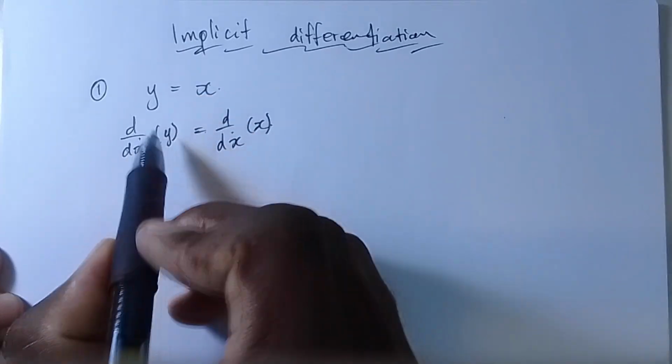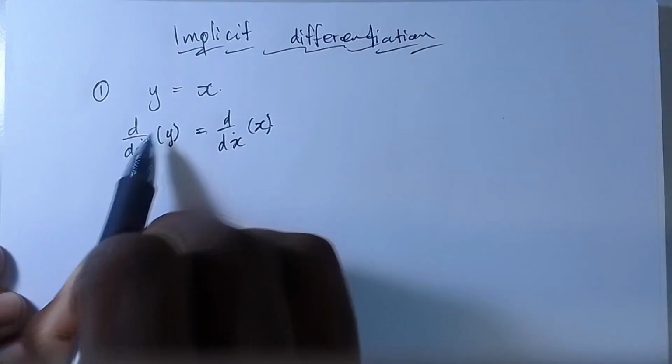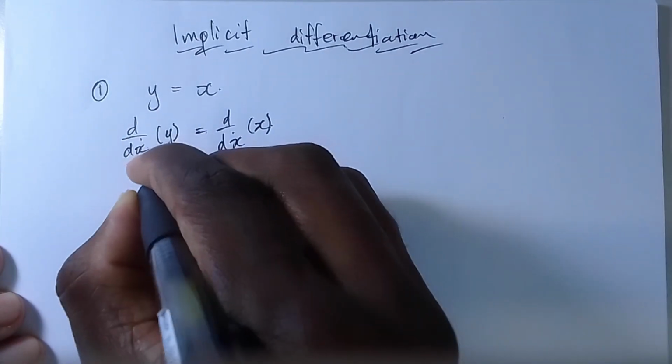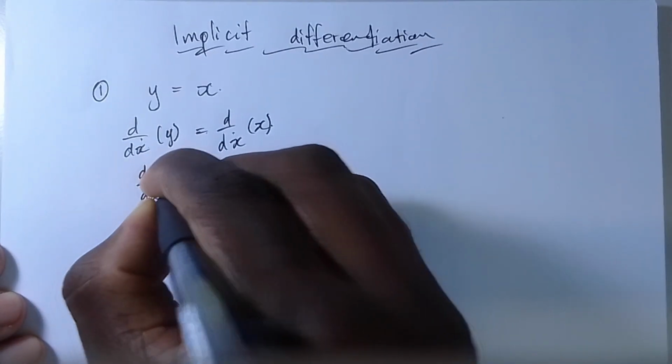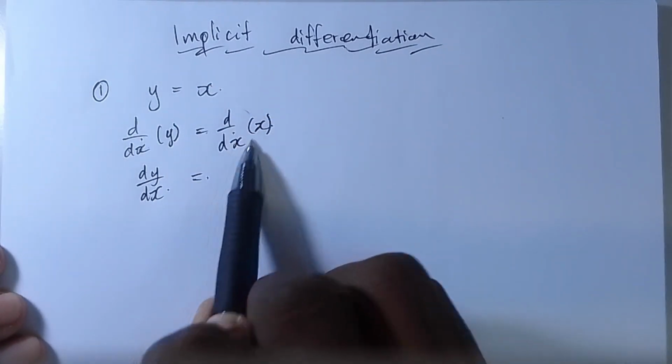And then we say here this is just the derivative of y with respect to x, which is the same as dy/dx. And on this side we use the laws of differentiation.